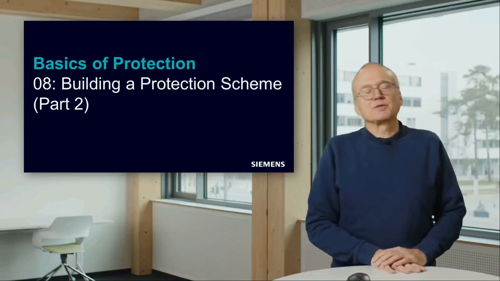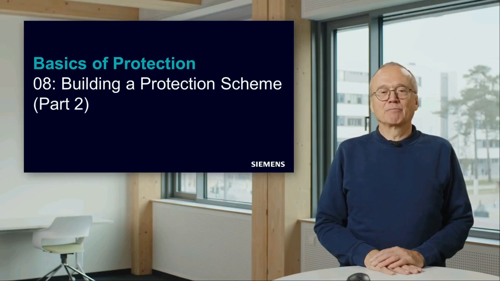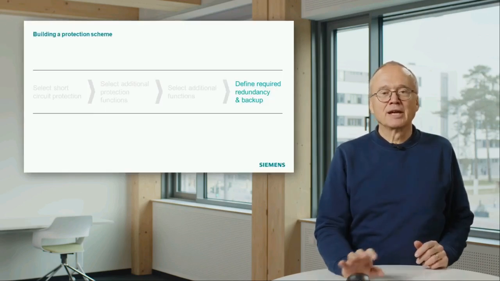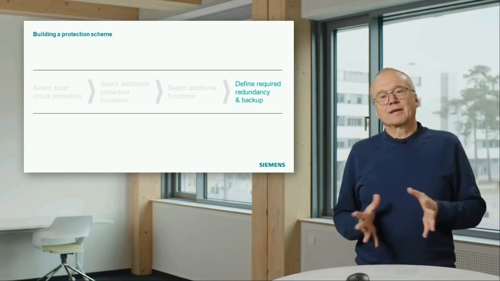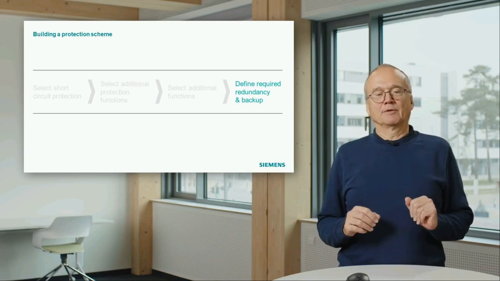So after these considerations about reliability, I would like to do the remaining part of our section, building a protection scheme. That means look at the required redundancy and backup level.